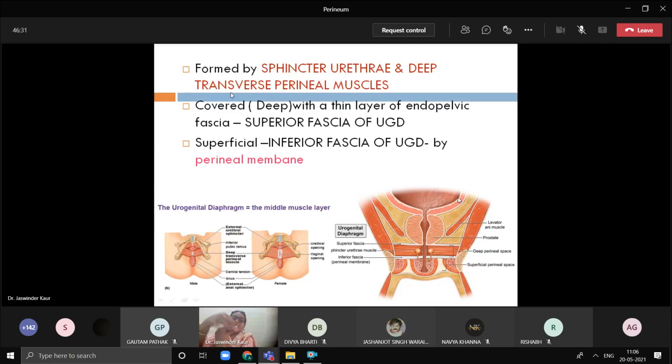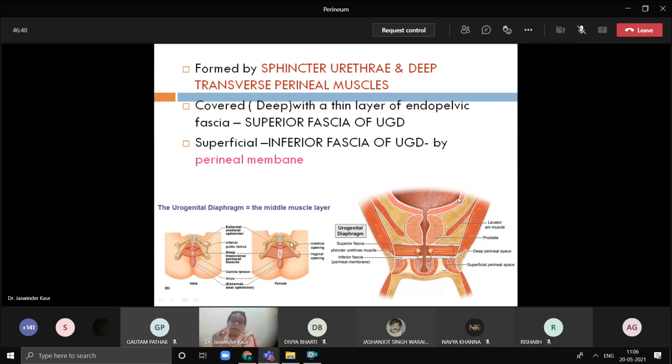Here you can see, the urogenital diaphragm is present between the pubic arches, filling the gap between the ischiopubic rami.